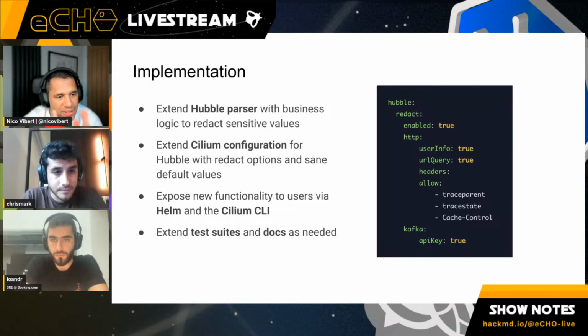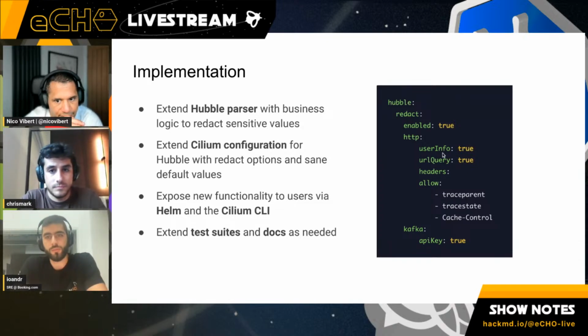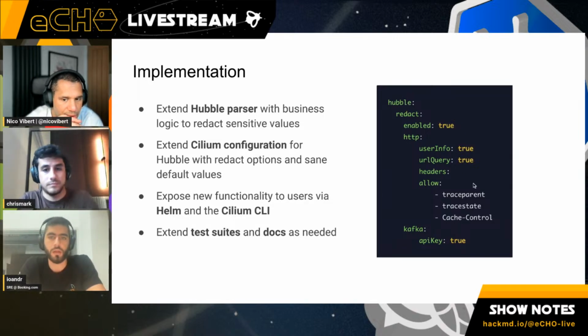Do you specify the fields you want to hide? Okay. If you enable the user info part and the URL query part, you simply hide everything. But for headers, you need to explicitly provide a whitelist of things you want to allow. The rest is redacted.